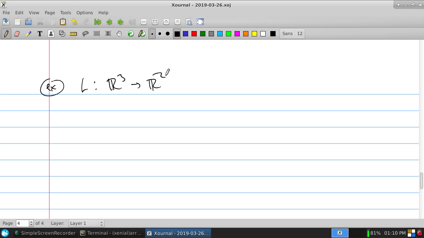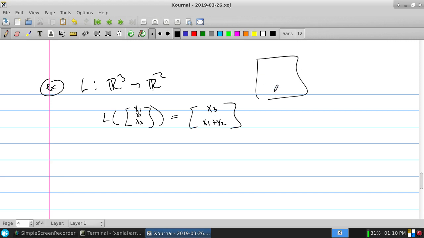And the way it does this is, L of a three-dimensional object, say x1, x2, x3, is going to spit out a two-dimensional object, which is, say, x3 and then x1 plus x2. So I'm taking three-dimensional space, and there's this transform that spits out two-dimensional space. So here's three-dimensional space. Here's two-dimensional space.